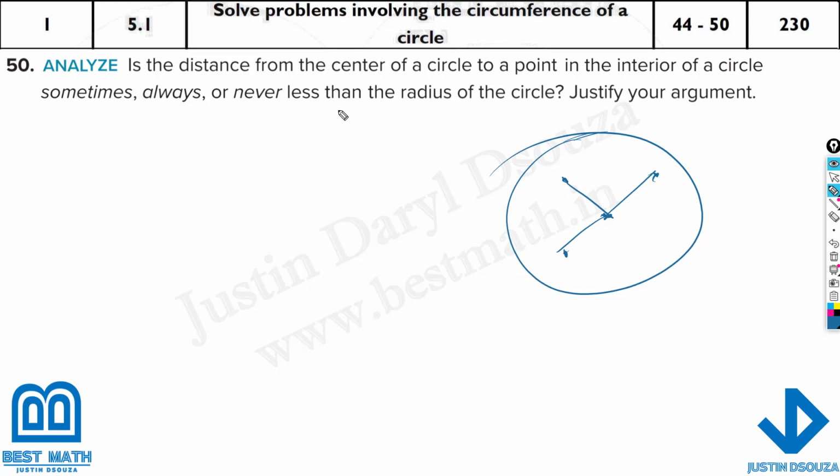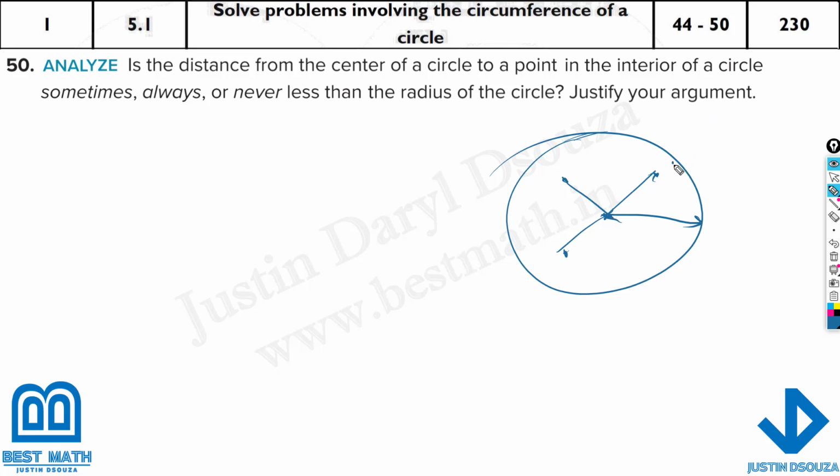Sometimes, always, or never less than the radius. Okay, this radius is from center till the circle, on the circle, that is the circumference of the circle, right? On the circle. But here they have told interior of a circle, inside the circle. It never can exceed or be equal to radius. It should be less than. No, because we can never touch the circle.